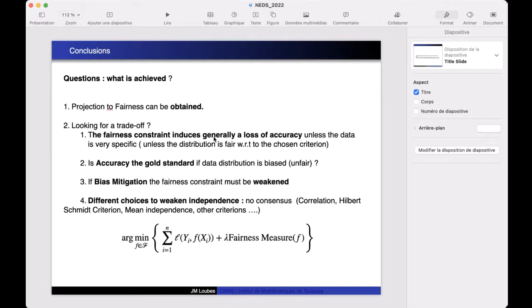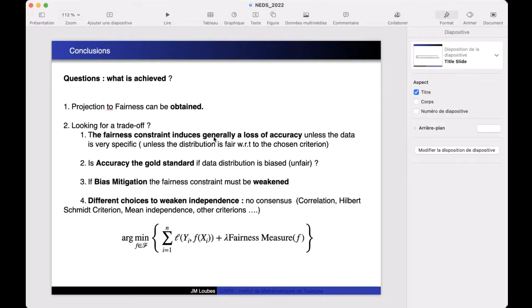The main question is, is it really what I want? Because if I use accuracy to choose the model, then I assume that the way I measure the accuracy of the model is a good way. But if I suspect that the world where I take the data is biased, then accuracy is not unbiased.